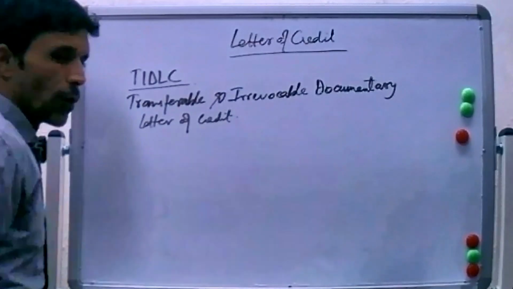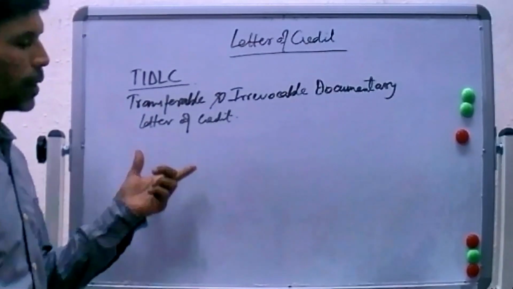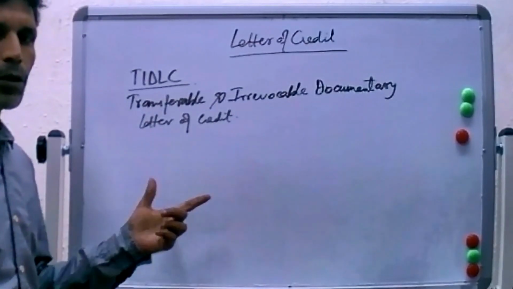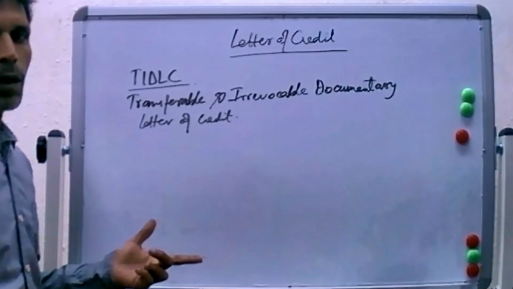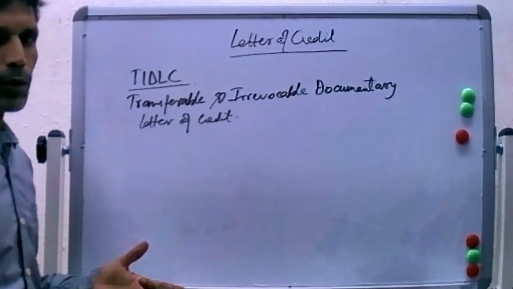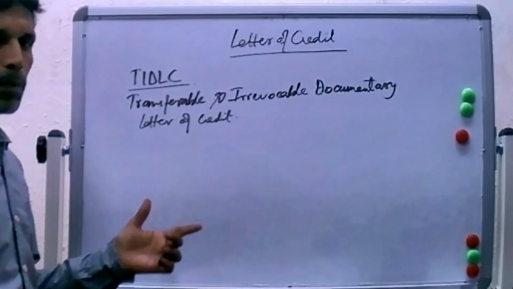This is one of the types of letter of credit that an intermediary can use between the end buyer and the supplier who is in the possession of the goods, as a middle party in the transaction.